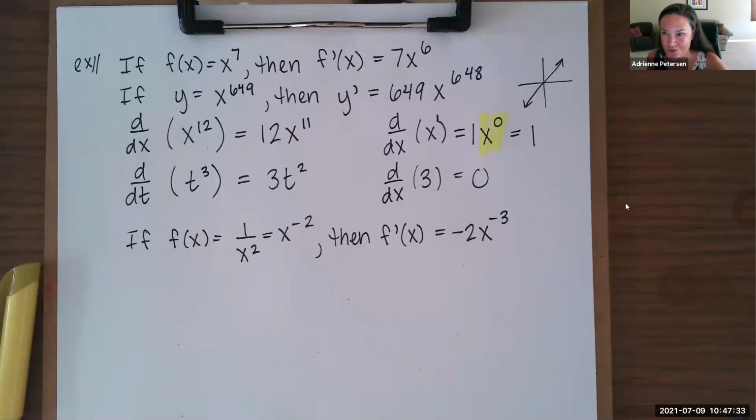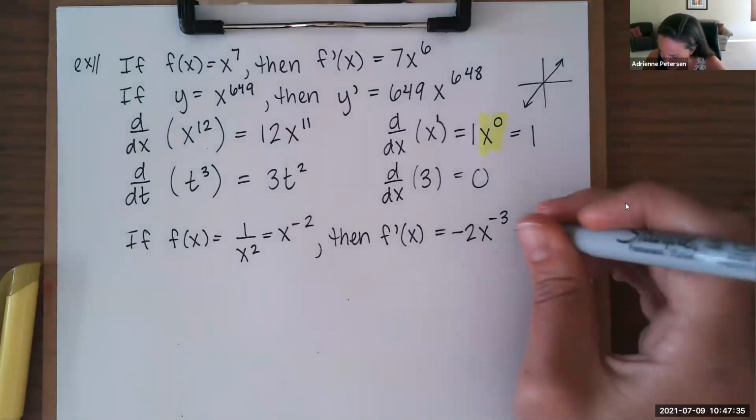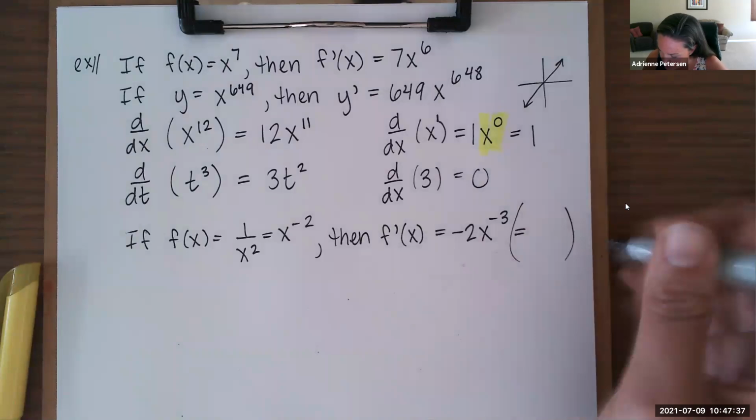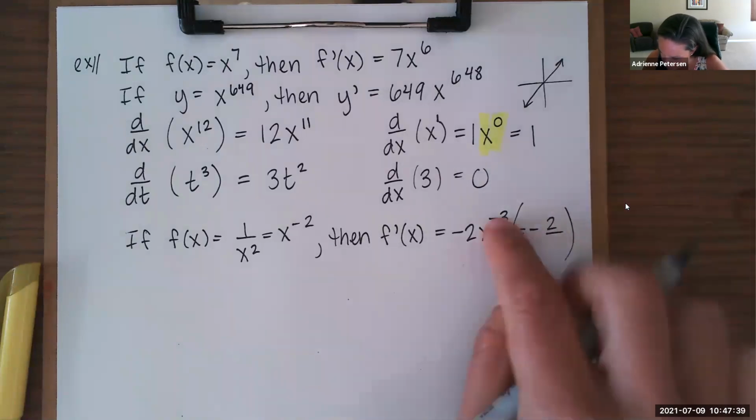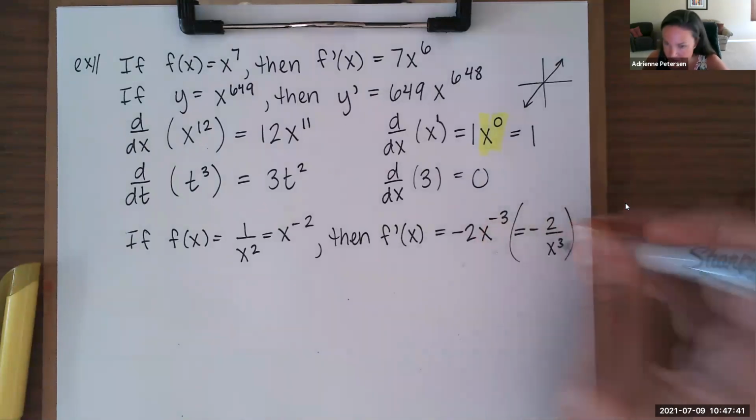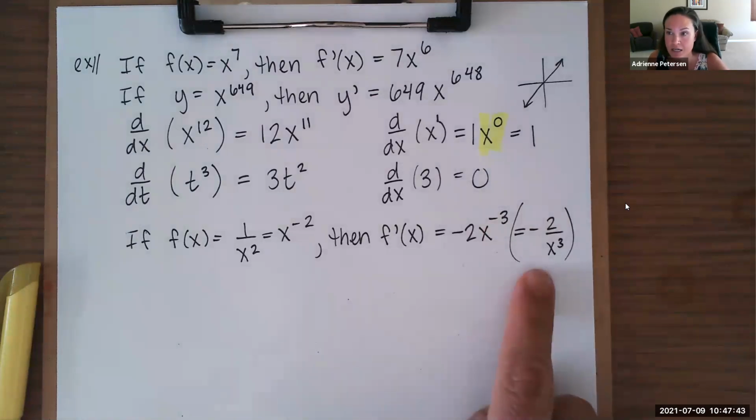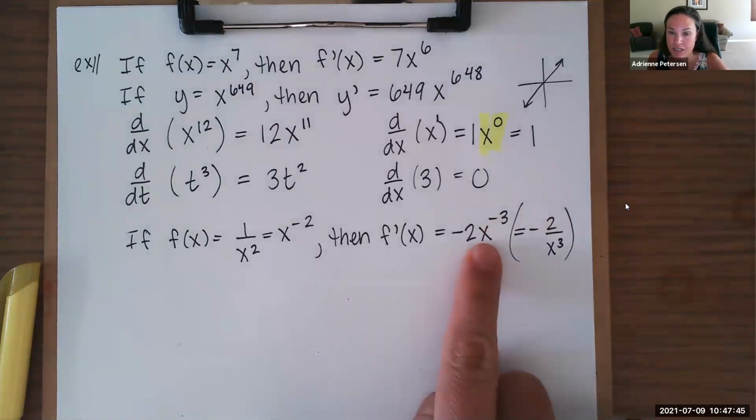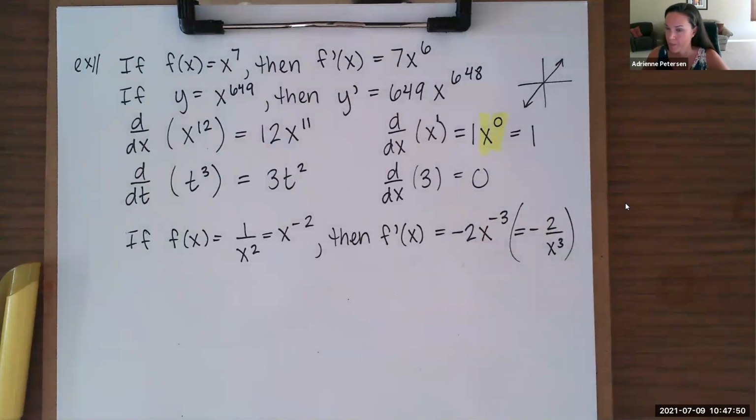WebAssign does not need you to rewrite this in a different form. I'll just put this part in parentheses, just so you realize that if we move that back down in the denominator, it looks like this. You do not need to take this extra step and rewrite this. It is absolutely acceptable to leave a negative exponent in your answer for our class. Any questions on this one?